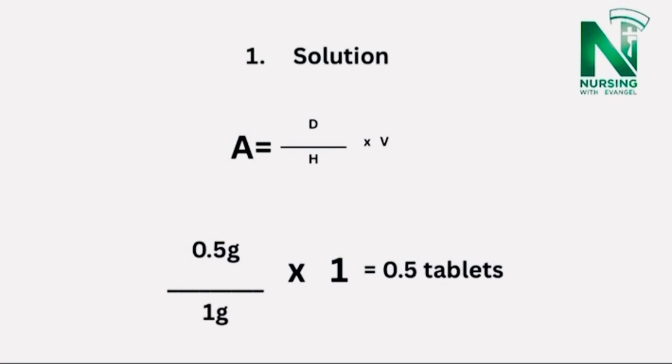And we just have 1 tablet in our hand. So it's going to lead us to the formula D over H times V. Plugging these values into the formula, we have 0.5 over 1 times 1. If you plug it into your calculator, you will get 0.5 tablets. So in this case, we are going to administer half of that tablet.